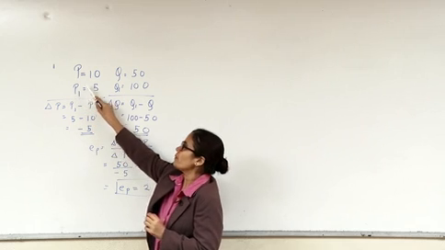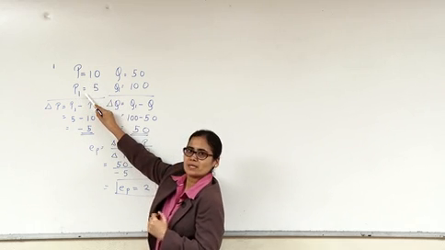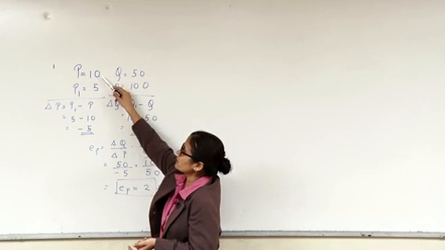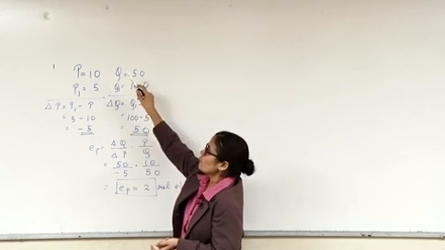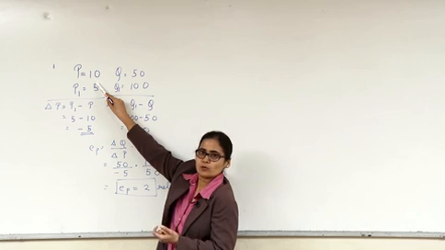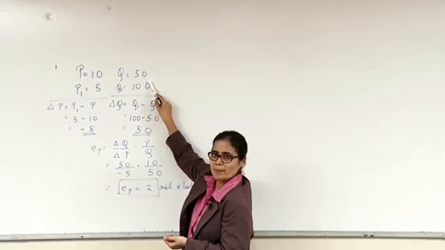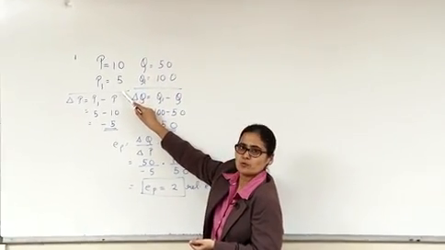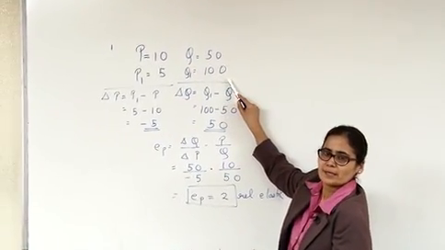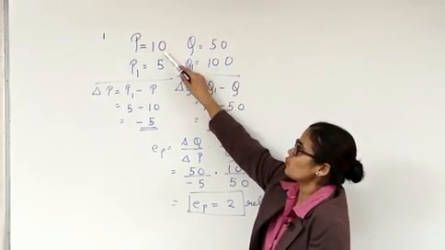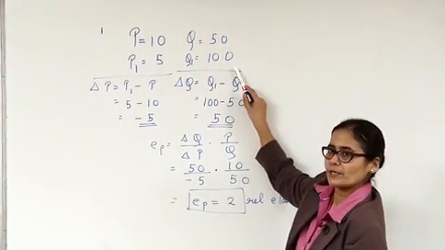So always remember, P is the old price, P1 is the new price. So it is 10 and 5. When the price of the pen given in the question was 10, the quantity demanded was 50 pens, and when it comes down to 5, the quantity demanded is 100. So you have two different prices and two different quantities.